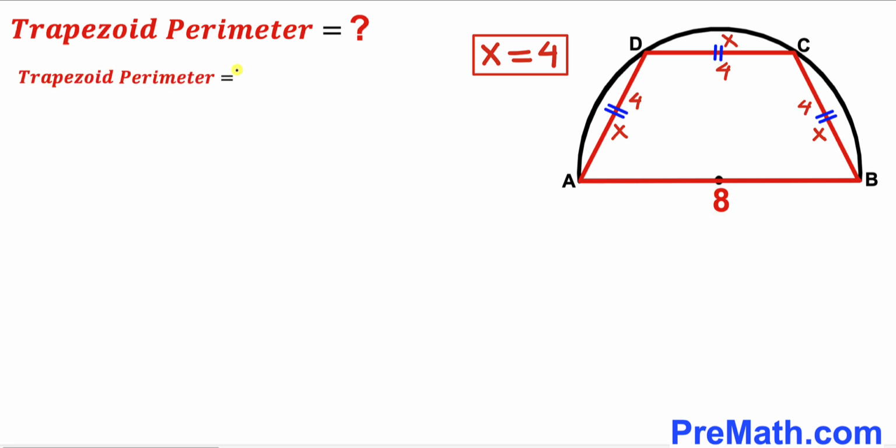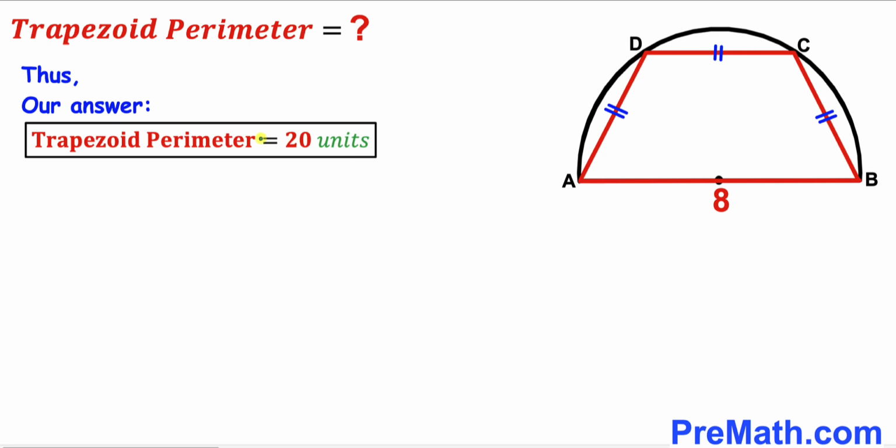So therefore we can write down 8 plus 4 plus 4 plus 4. And if we add all these numbers on the right hand side, that is going to give us 20 units. So thus, after all the calculations and manipulations, the perimeter of this trapezoid ABCD turns out to be 20 units. And that's our final answer.